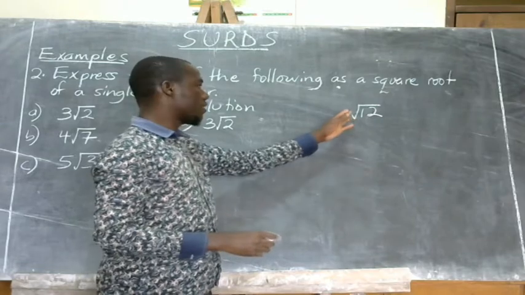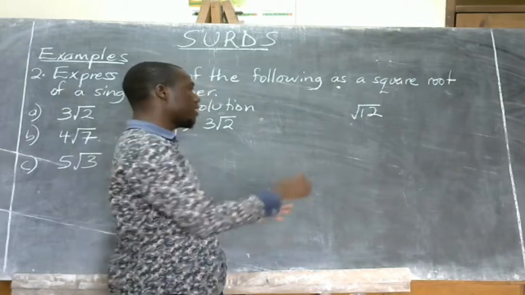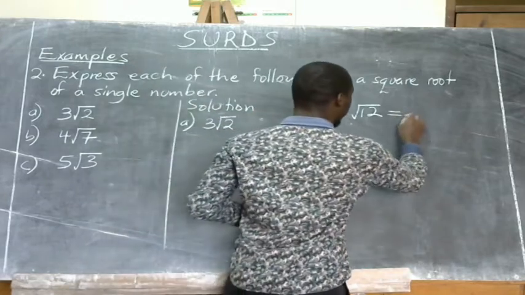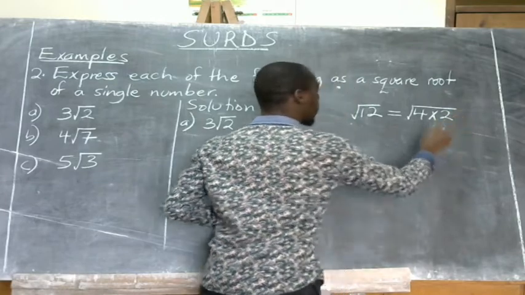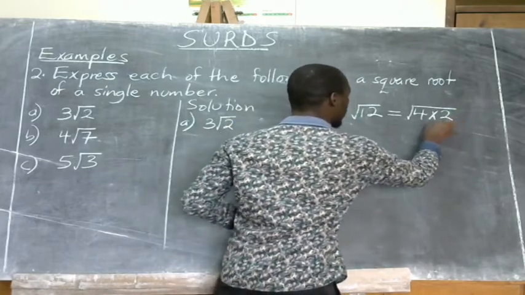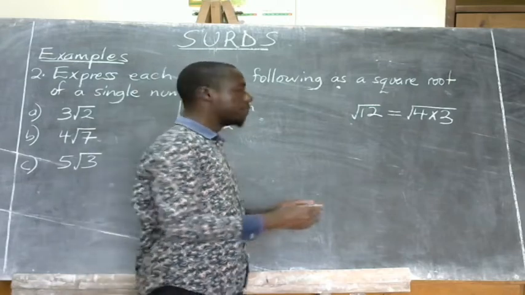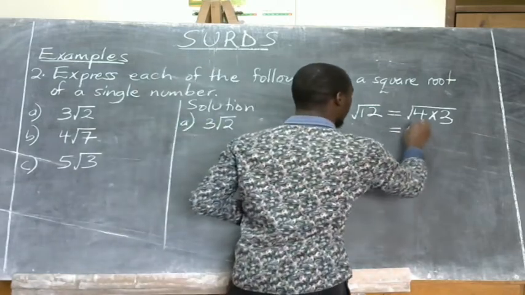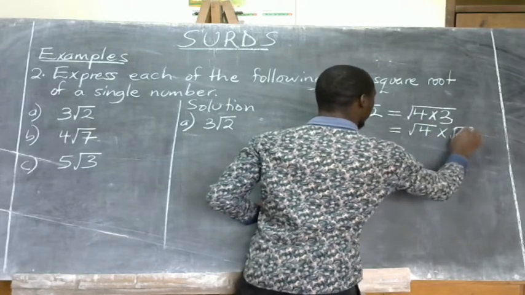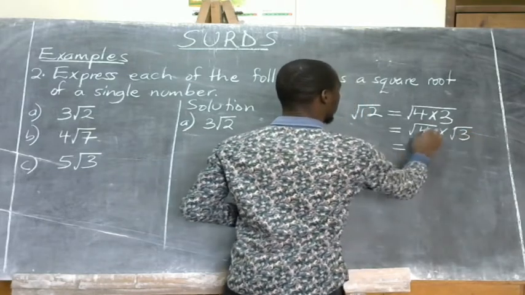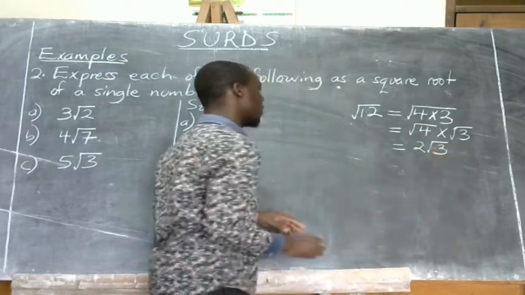We said you write this number as a product of two numbers, of which one is a square number. Then you write it as square root of 4 times square root of 3. Then square root of 4 is 2, times root of 3.